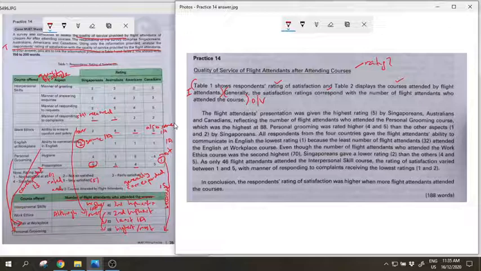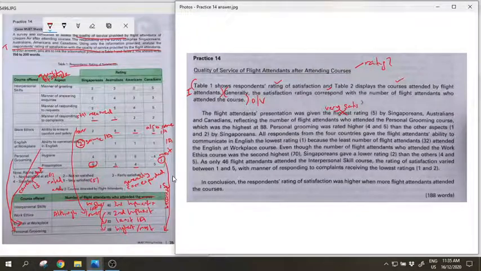Okay, let's see. The flight attendants' presentation was given the highest rating. Why highest rating? This is dangerous. This is like the example I showed you all last time on the pie chart. Don't put highest. You have to follow the rubrics given here. So here it says very satisfied. Need to put very satisfied. If you put highest, gone.